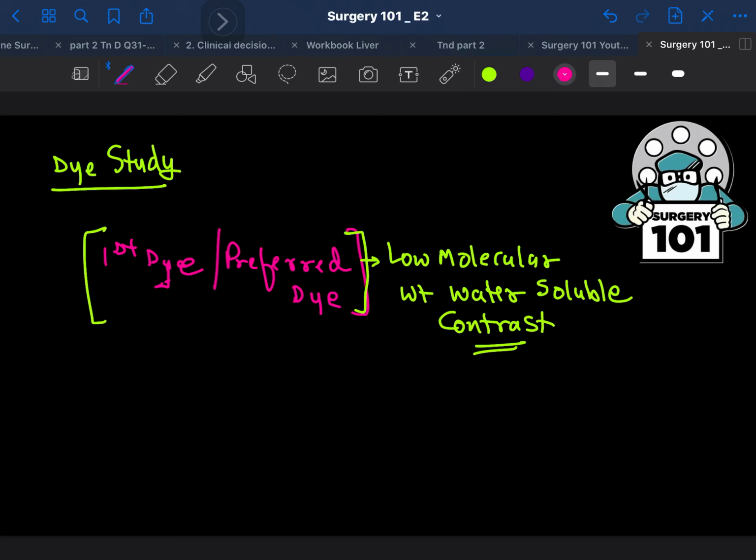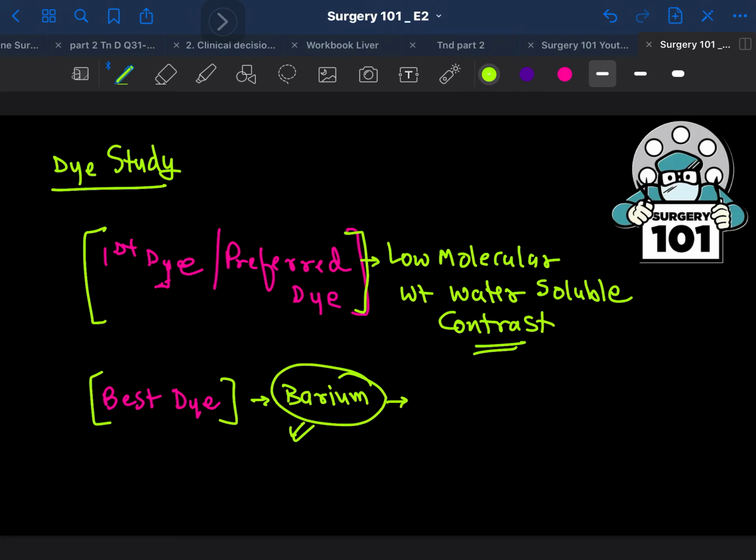This is the preferred one. But if at all they ask you the best one, let's say you use this low molecular weight water soluble contrast and it is not able to diagnose it, what is the best dye or best contrast which is used? The best dye which is used is your barium.